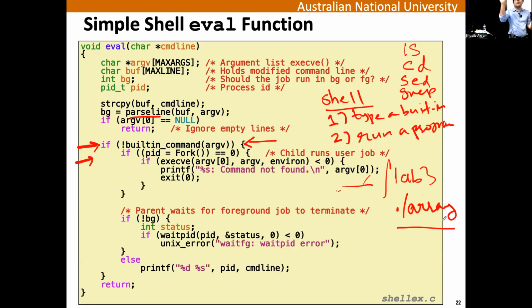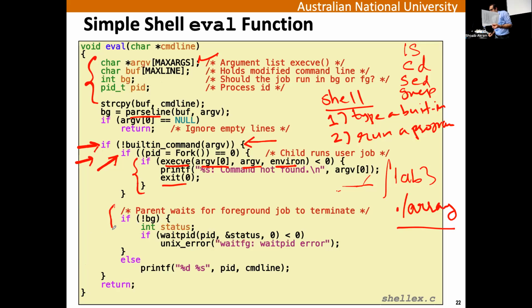For that, it needs to run your program. So what is it doing? It's actually forking a child and then calling execve to run the child by passing all the arguments and environment variables here. And then it exits. Once again, we have the if loop here.